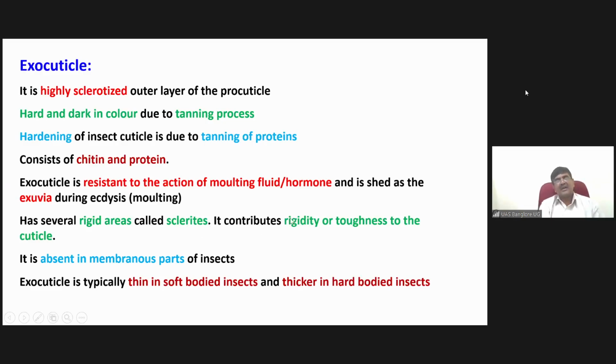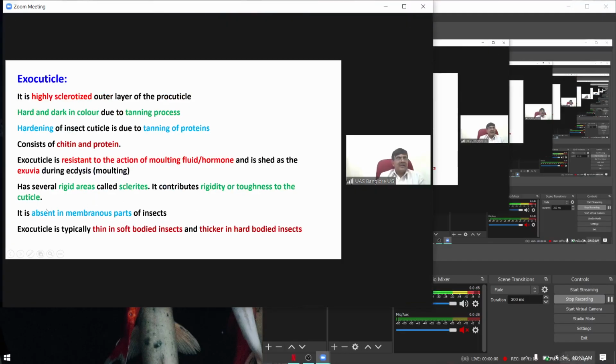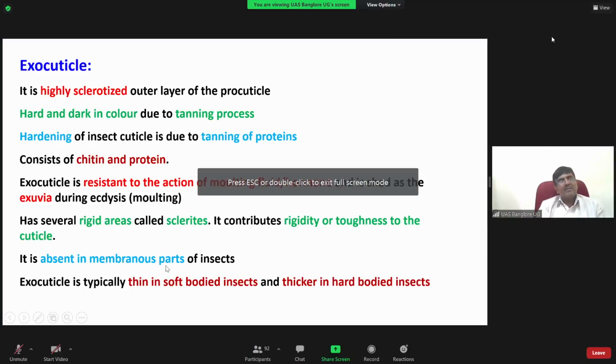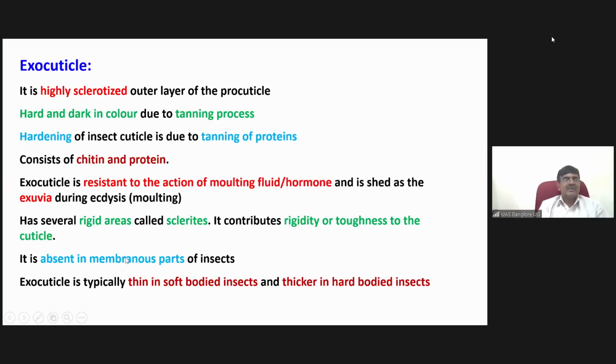These sclerites contribute to the toughness or rigidity of the cuticle. The exocuticle is usually absent in the membranous parts of the insects.